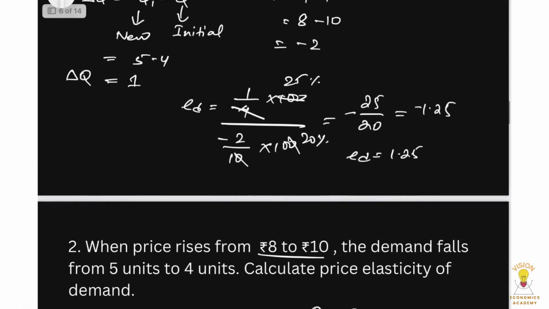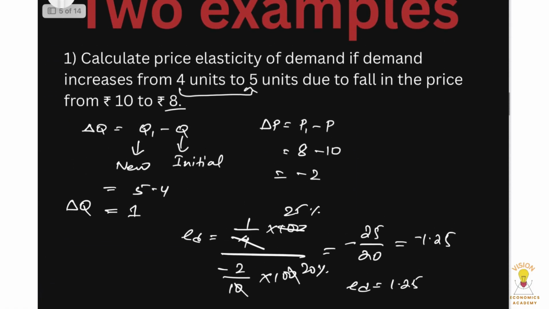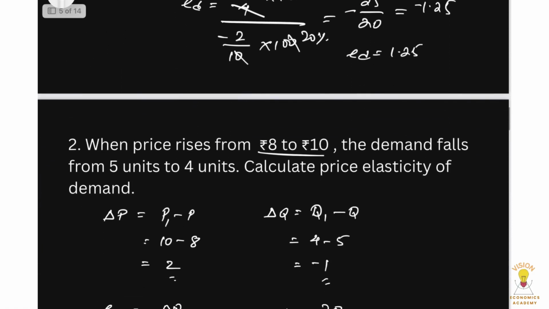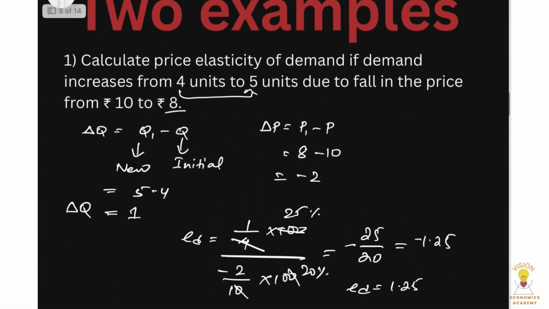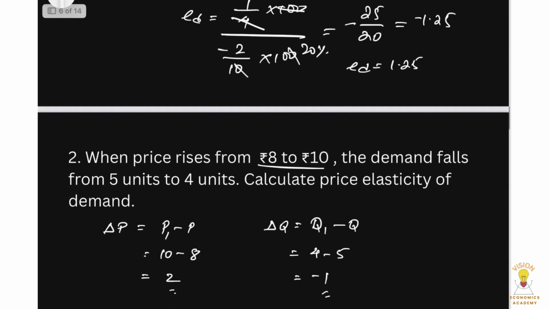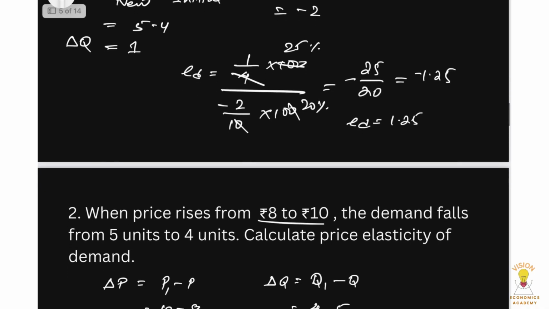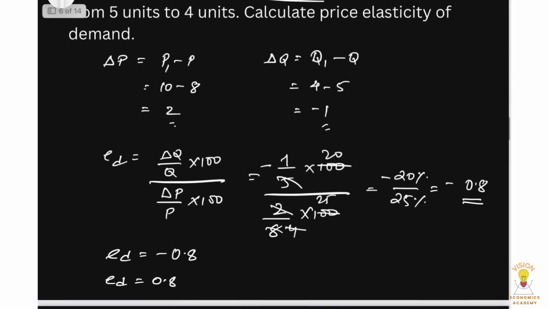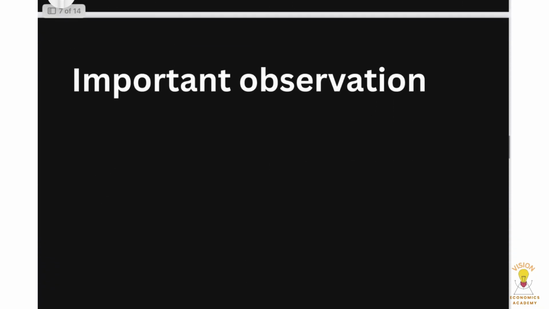Now in both the examples, the change in quantity is 1 and the change in price is 2, right? But in the first example, the price is falling from 10 to 8. In this, the price is rising from 8 to 10. And the demand is falling from 5 to 4, and in the other example, demand was increasing from 4 to 5. Now that brings us to the important observations.